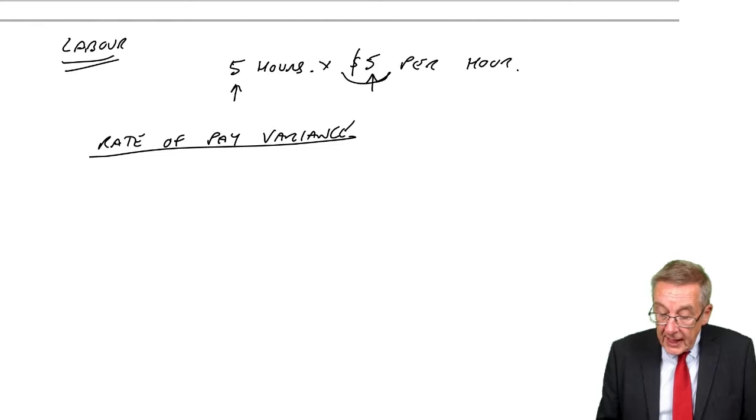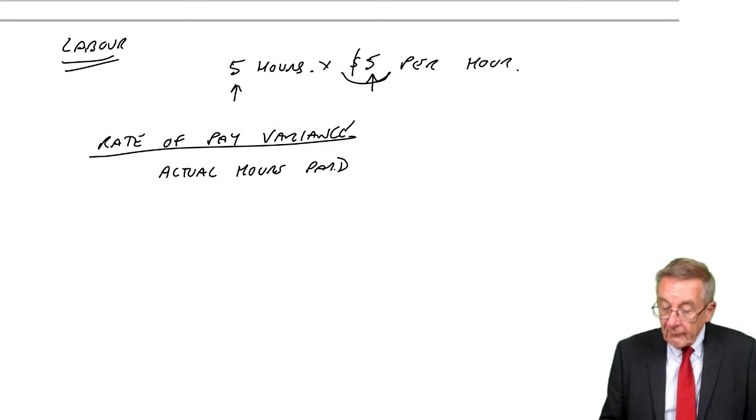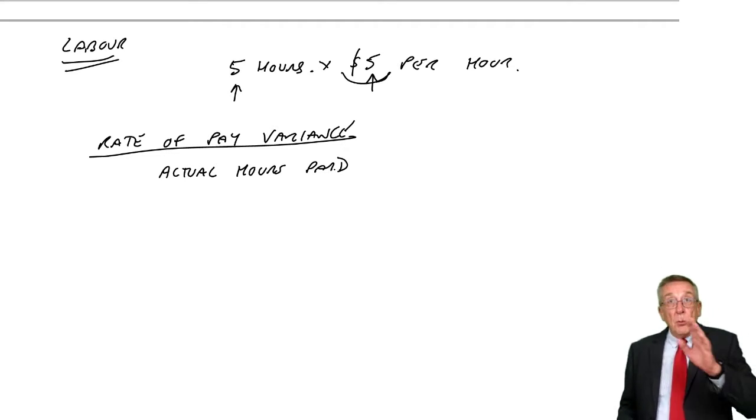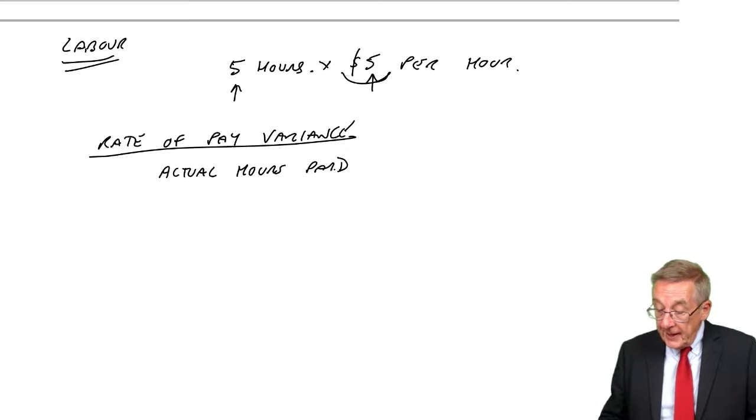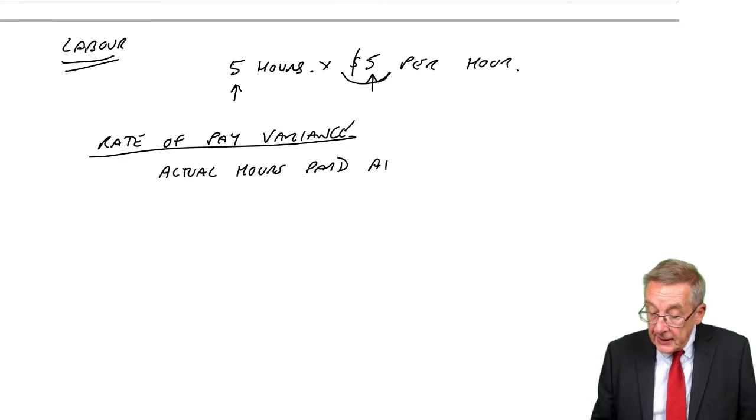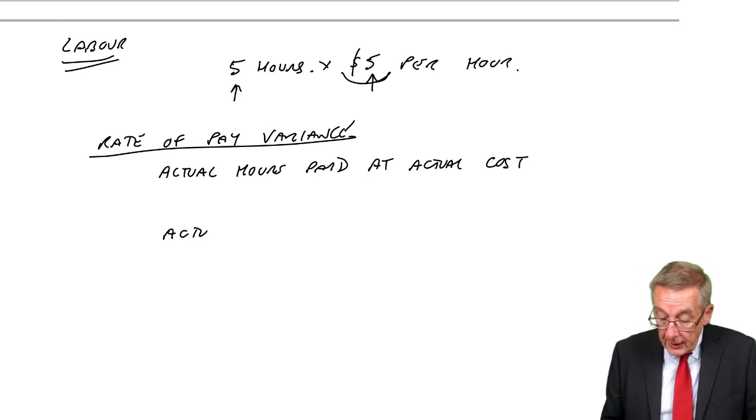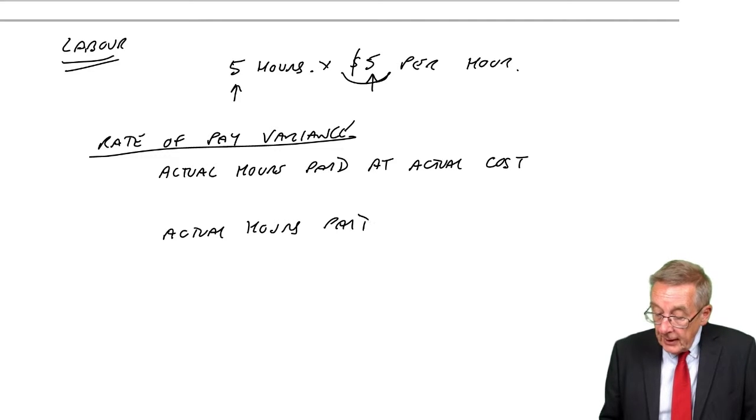And so we take the actual hours we paid for and we compare what we paid with what we should have paid. So actual hours paid at actual cost compared with the actual hours paid, right, but whether it's too many or too few is irrelevant, the hours we paid for at what we should have paid, standard cost.